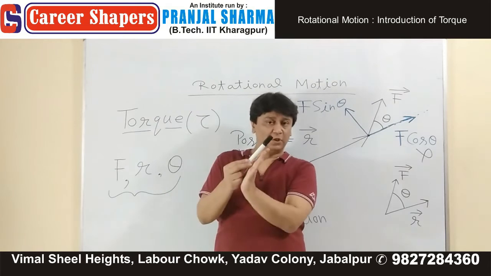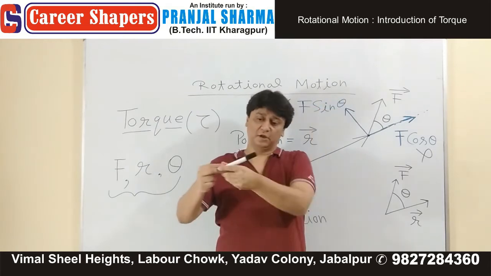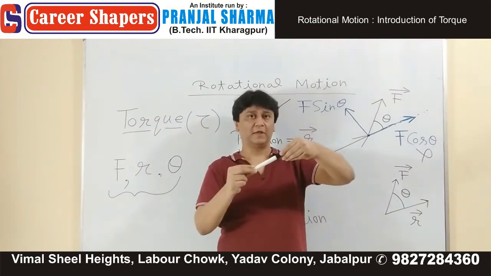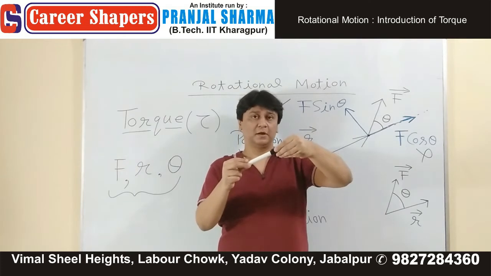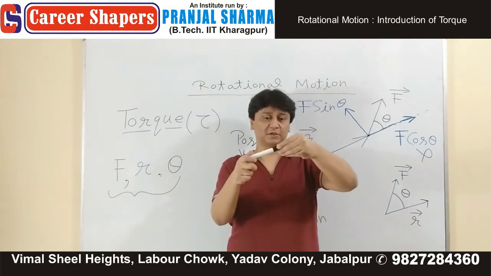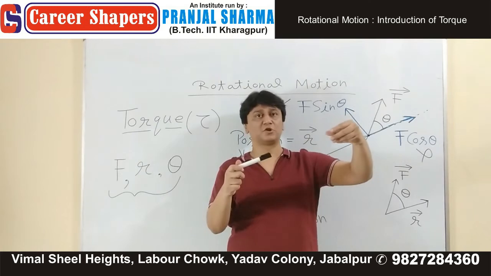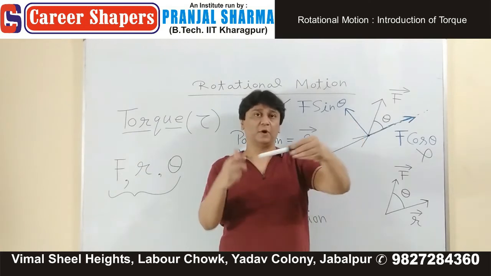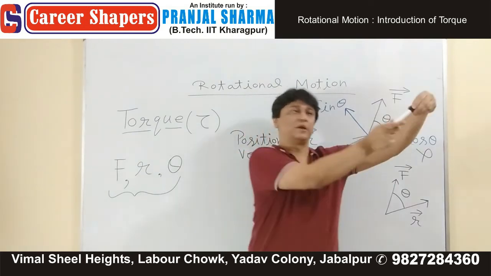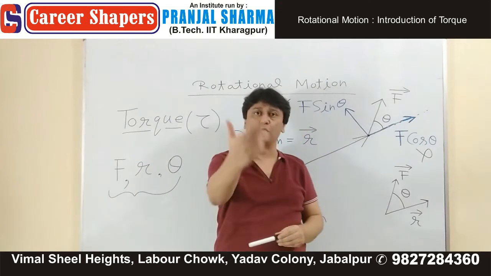But if I pull this marker along the length, then assuming rigid axis, this thing is not going to rotate. If you apply excessive force, then the whole thing will move in this direction, but there is no rotation.